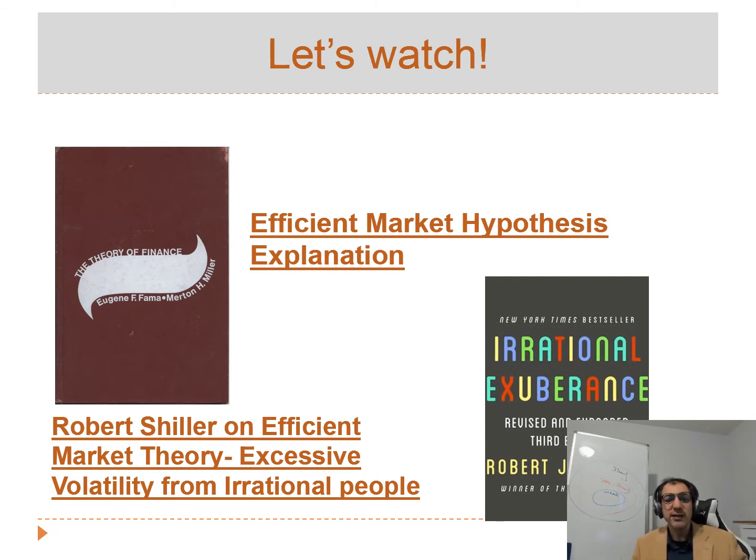All these are anomalies which indicate that, you know what, there might be some other factors than the rational behavior of investors, because the efficiency of the market cannot explain these phenomena.